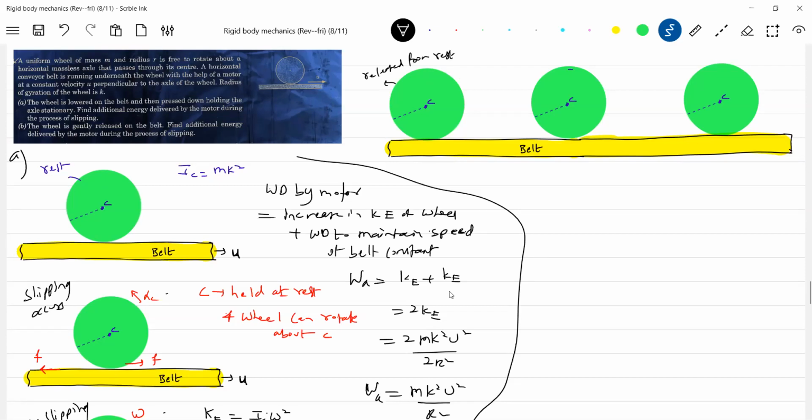Now, what will happen to this? I think we have done many problems of this kind. The velocity of the belt will be constant.